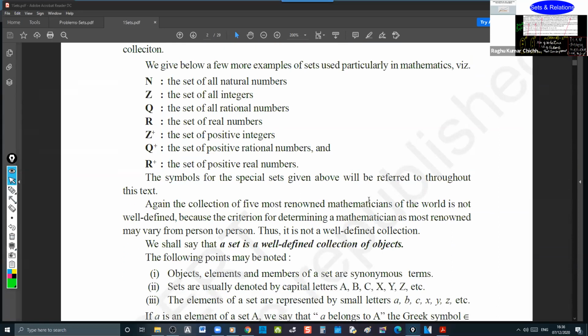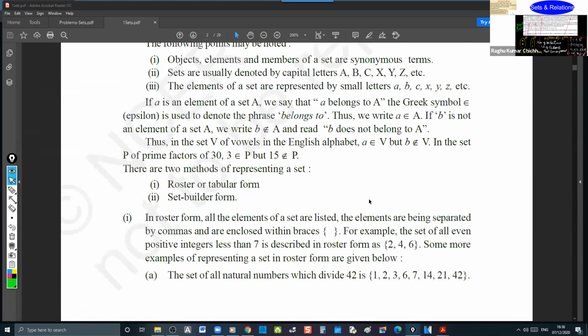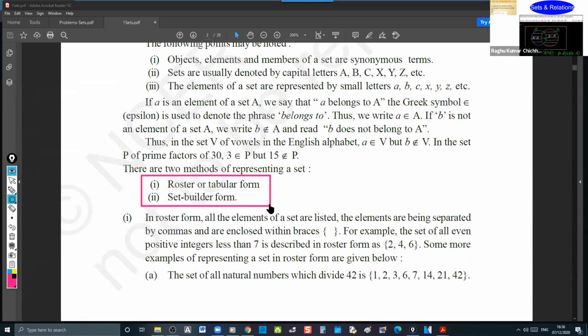A set is a well-defined collection of objects, just now I said, and we will not be insisting on this more. And now, how can a set be denoted? It is denoted in two different forms: roster or tabular form, or set builder form. Roster form is just listing out all the elements.